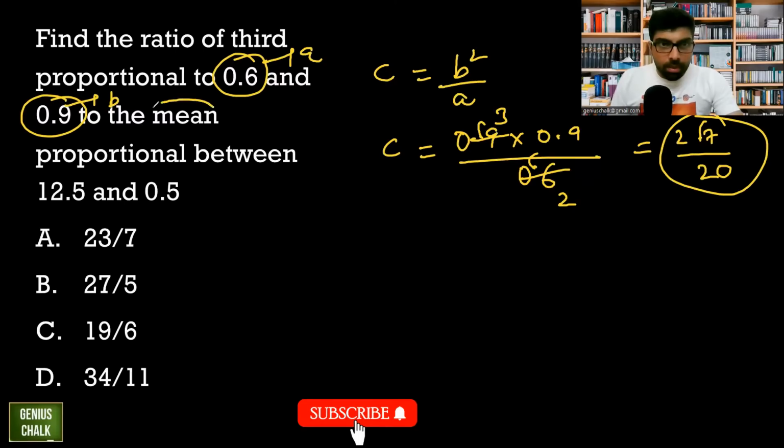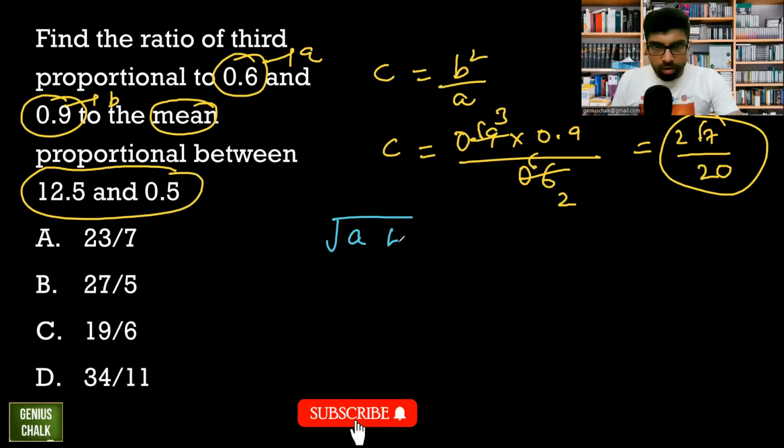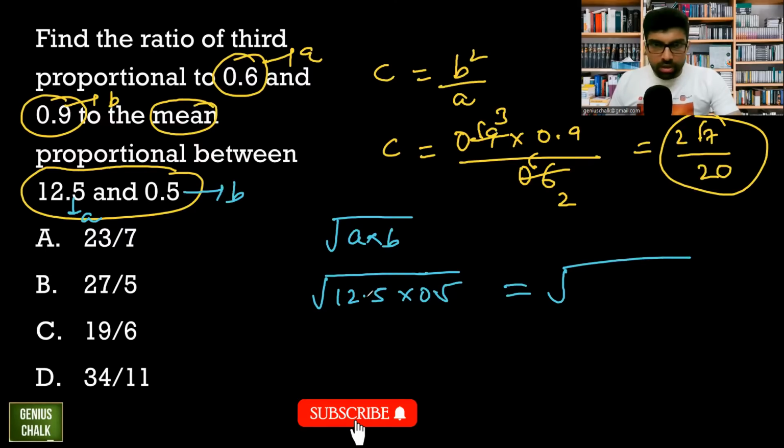Next, the mean proportional between this. We know what is mean proportional. Mean proportional is root of both the numbers, root of A into B. So here this is A and here this is B. So what is A? 12.5 into B is 0.5. Just to make it simple, if you are good in this, you can multiply directly, or you do like this, 125 by 10 into 5 by 10.